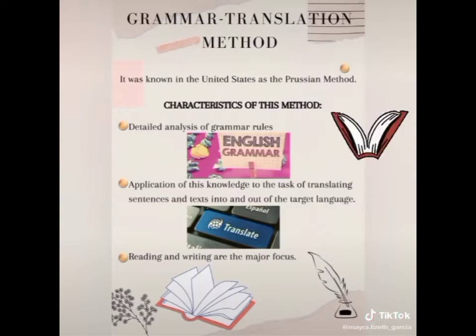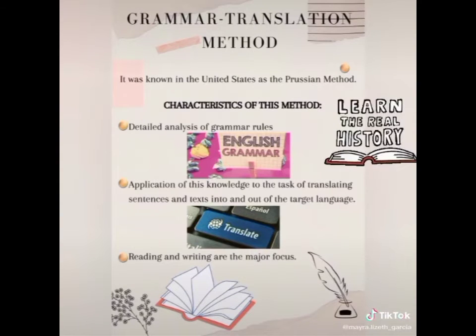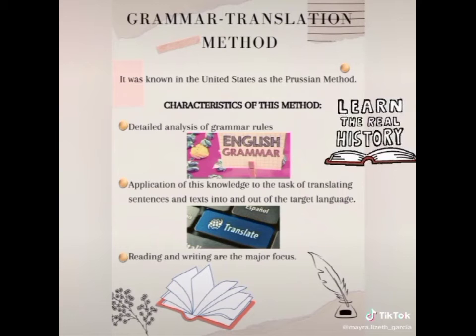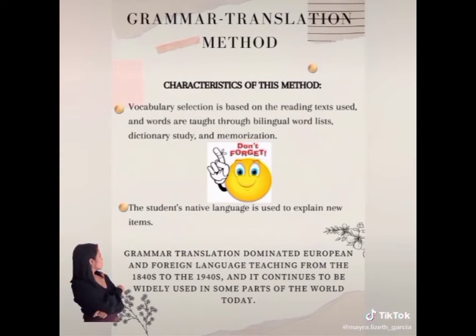Some characteristics of this method are detailed analysis of grammar rules, and application of this knowledge to the task of translating sentences and text into and out of the target language. Reading and writing are the major focus. Vocabulary selection is based on the reading text used, and words are taught through bilingual word lists, dictionary study, and memorization.